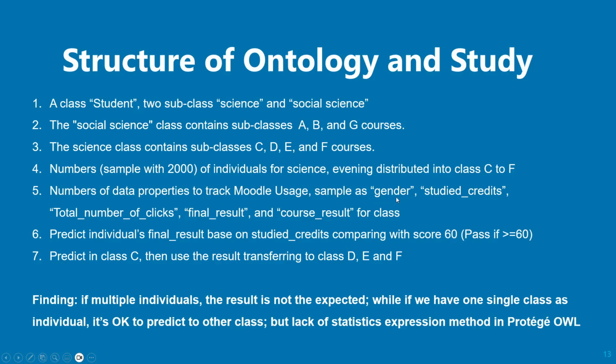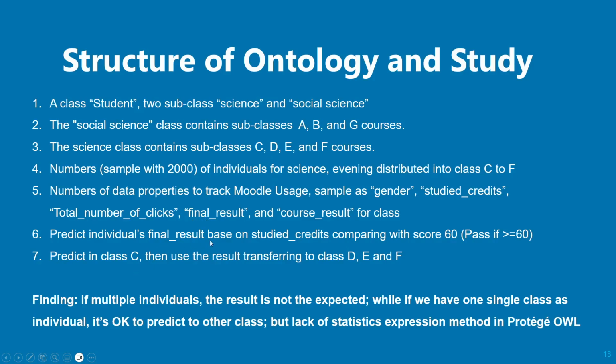One is the gender, male or female, and the credit, with a random integer number, and try to predict the final result for D, E, F.